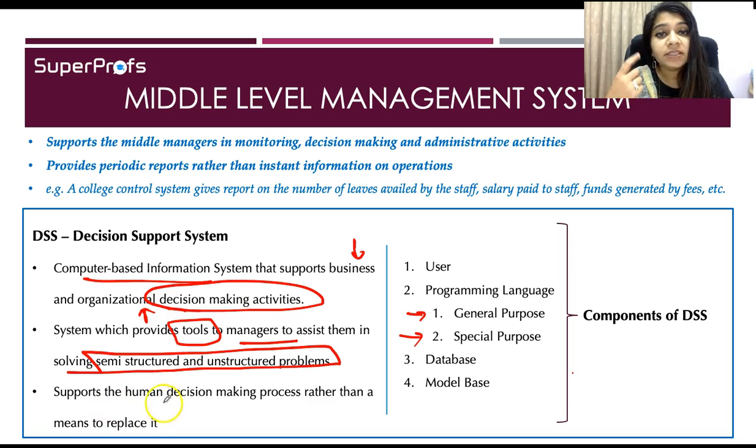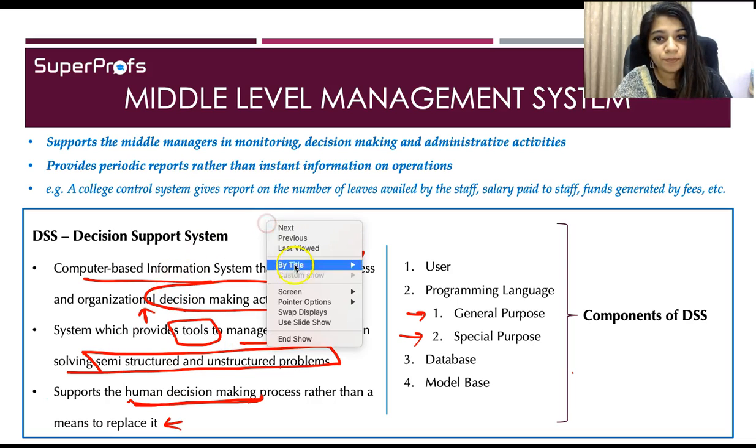It supports the human decision making process rather than being a means to replace it. A decision support system is not enough in itself to solve problems. It just supports the human decision making process through all that information. It does not replace it altogether.